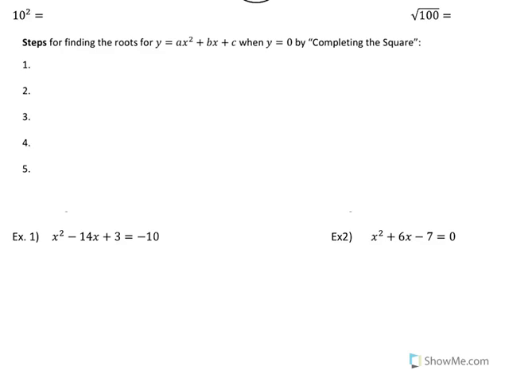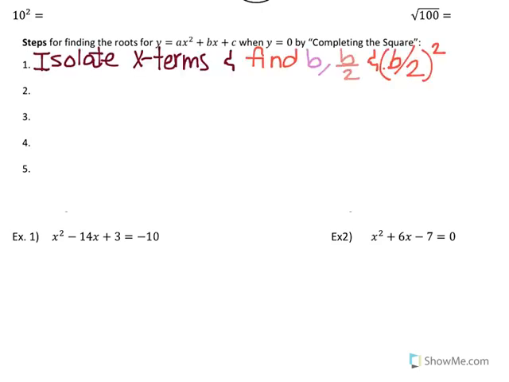So the first step is that we're going to isolate the x terms, meaning keep anything that has an x on one side of the equation, and in the same process, we're also going to find what I call the b's. That would be b over 2, and b over 2 squared. So b, again, is the term that is in front of x.